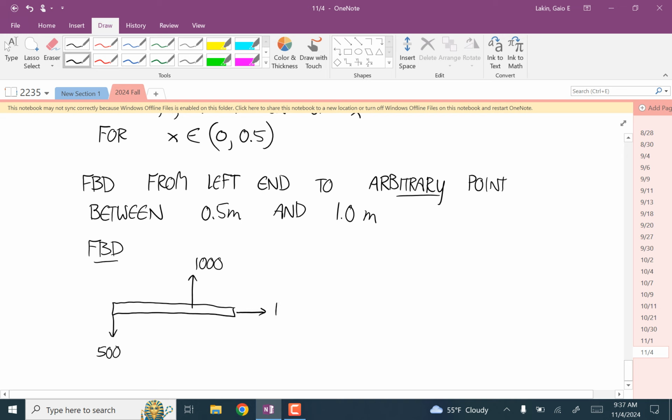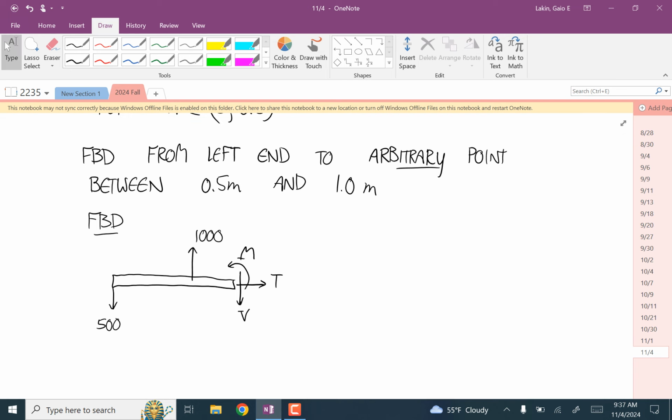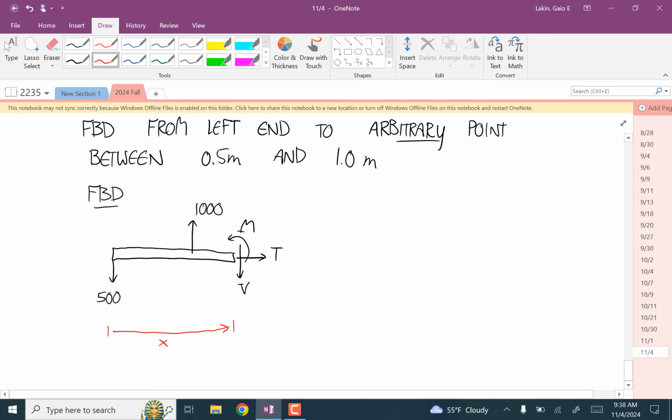And we have the internal loads T, V, and M. And this distance is what we're calling x this time. Any questions about that?